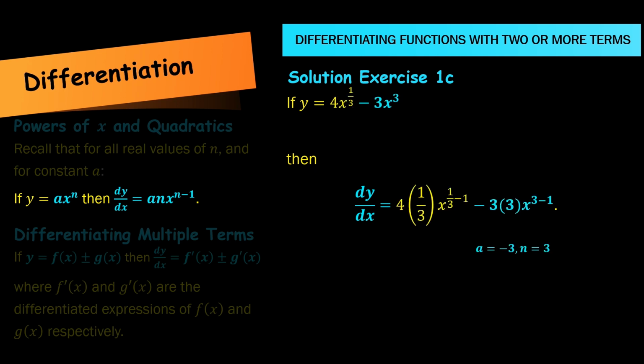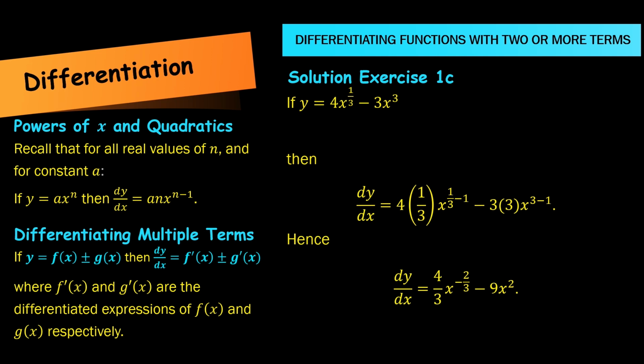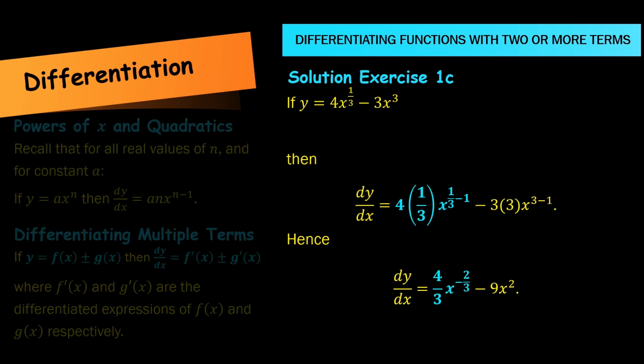And for the second term, we have a equals minus 3 and n equals 3 to give this expression for dy dx. And so tidying up gives us that dy dx is equal to 4 thirds x to the power minus 2 thirds minus 9x squared.